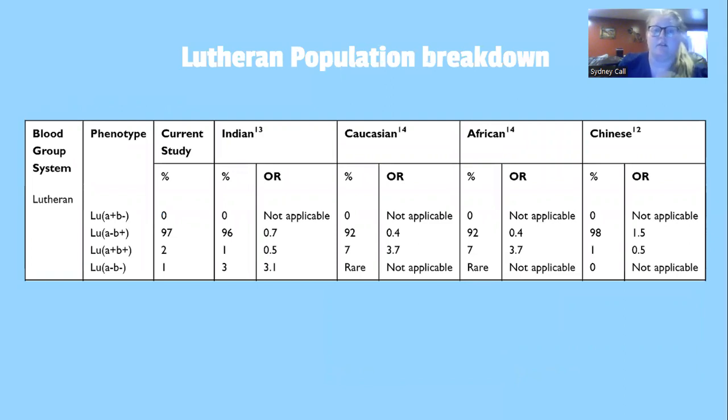You can go across a couple of different geographical populations as well to see if there's really a big difference. For the most part, you're going to have really common A negative, B positive Luthern types. So you can keep this for your reference.